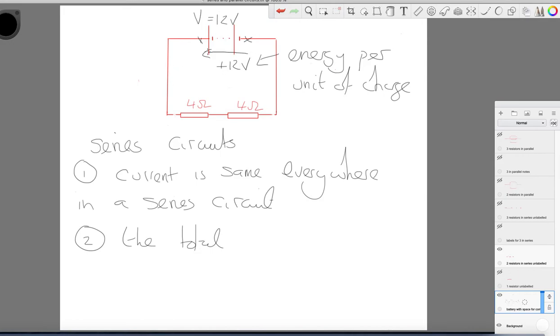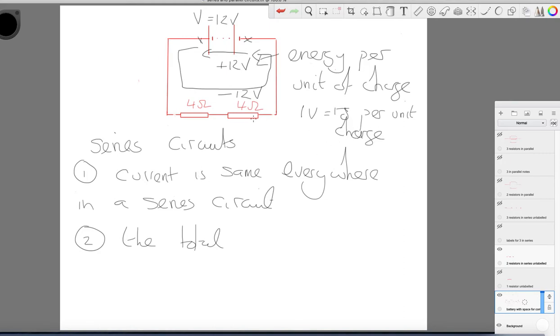So if you gain 12 joules of energy for every unit of charge as you go through the battery, then as you come back to the battery, having gone around the circuit, you have to lose the same 12 joules for every unit of charge. 1 volt is 1 joule per unit charge. More of this when we look at it in year 10.